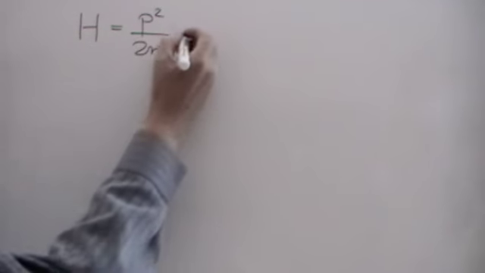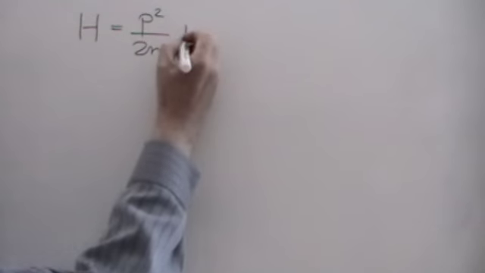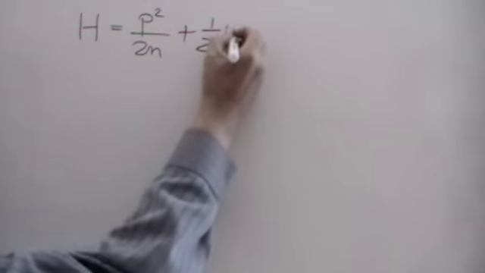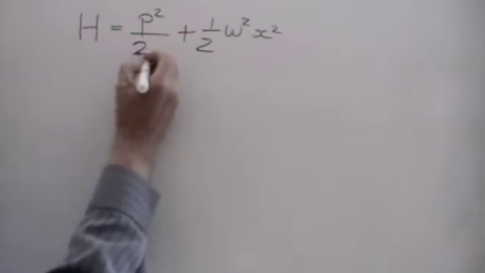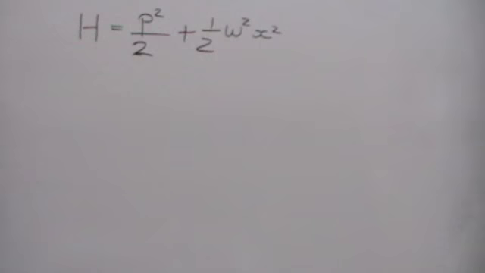Now you'll recall that we said that H, which is essentially energy, can be regarded as p squared over 2m plus a half omega squared x squared. And actually, I should take the m out because we had set m to equal 1. So H, we said, was p squared over 2 plus half omega squared x squared.